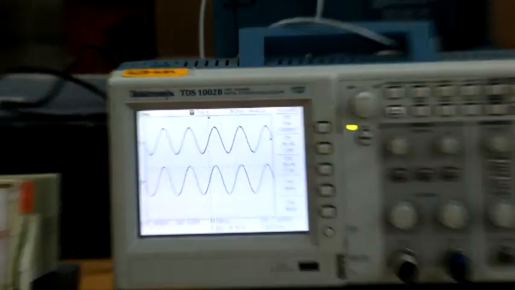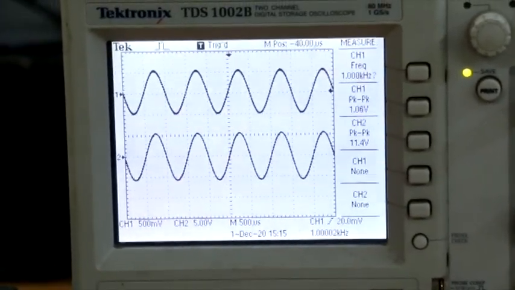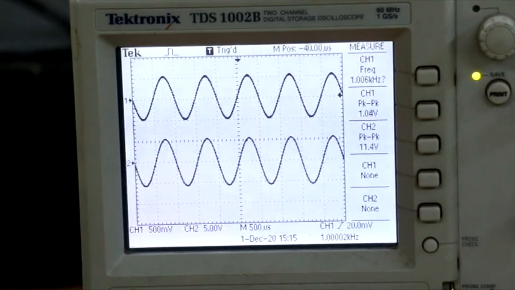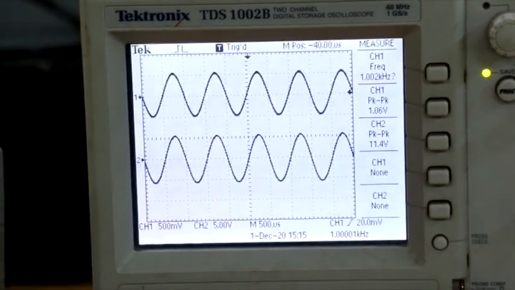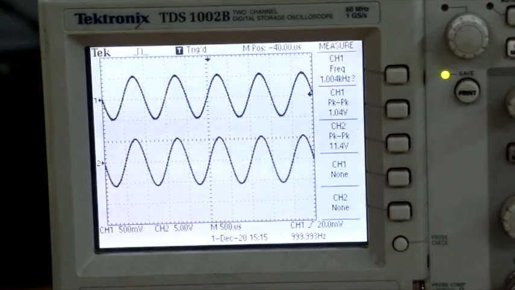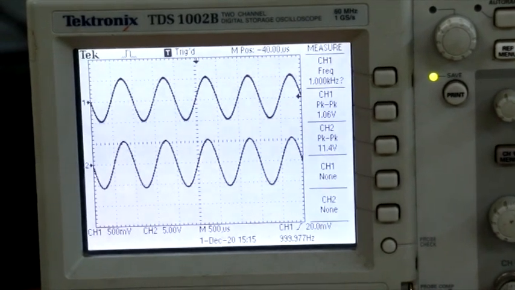Number one, we know that the gain of a non-inverting amplifier is 1 plus RF by R1. In this particular case, RF by R1 is 10, therefore the gain is 11.